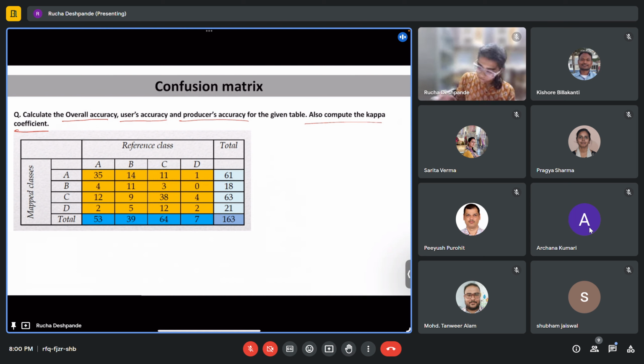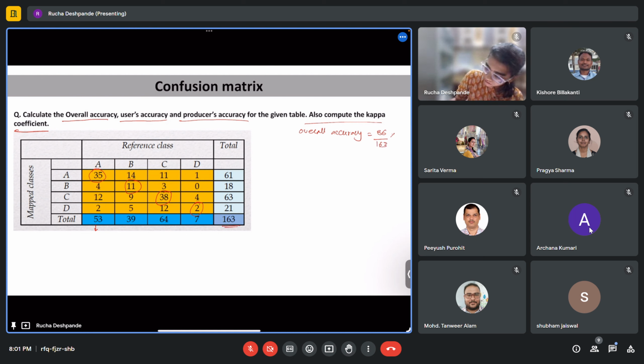All right. Here I'll quickly explain this. Let's look at the overall accuracy. The total number of pixels rightly classified is 35 plus 11 plus 38 plus 2, so 86, divided by the total number of pixels.